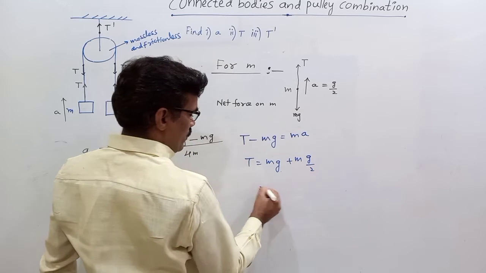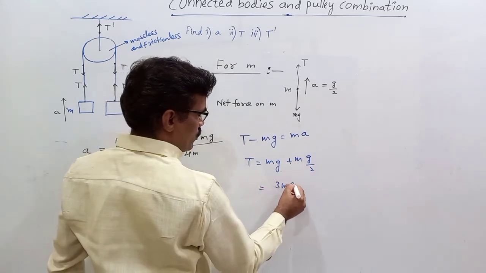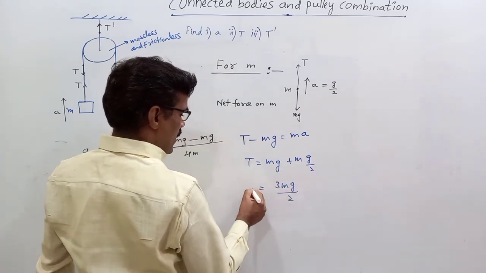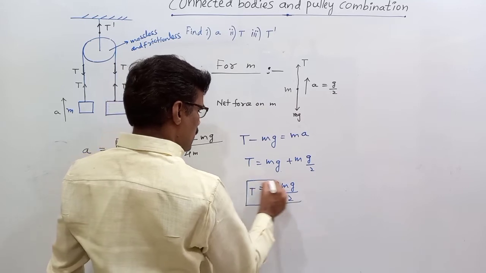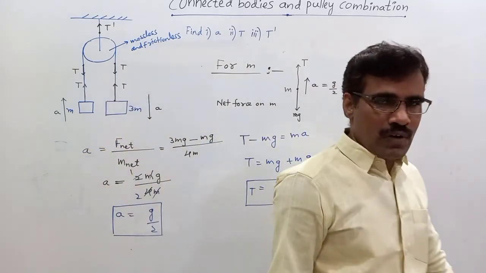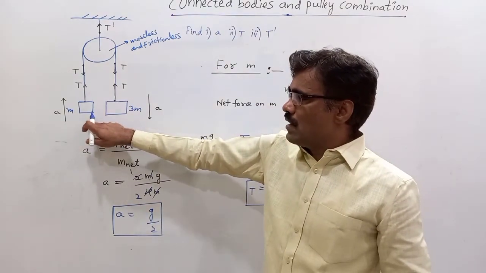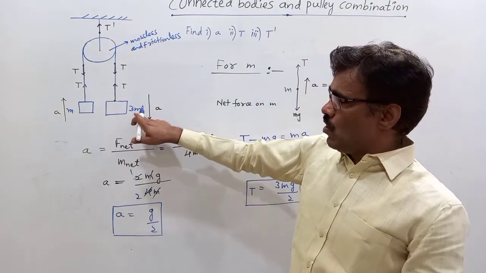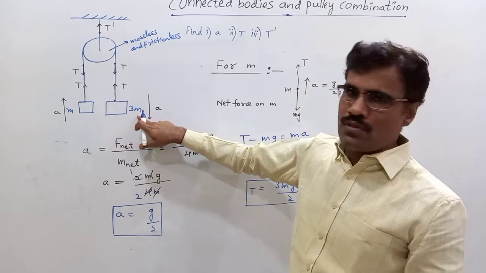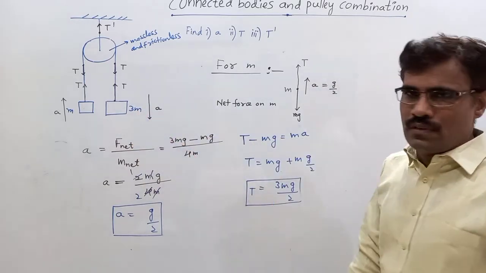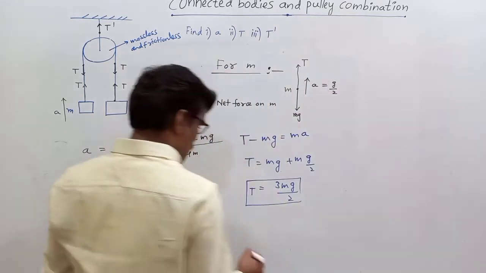That is equal to 3mg by 2. So the tension in the string which is connected between the blocks is 3mg by 2, by using the free body diagram for M. Suppose we use the free body diagram for 3M, we get the same answer. Can you check it? Okay, sir.